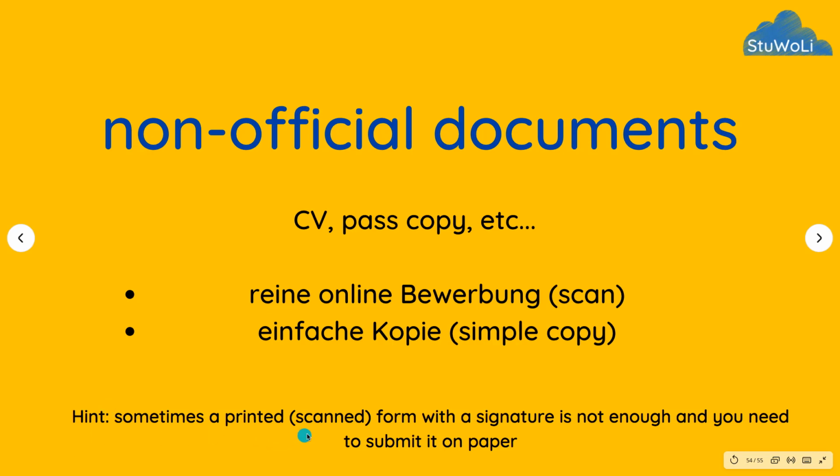Sometimes a printed document, that means a scanned document, or application form, needs a signature. You need to understand that just sending a document which has a signature down there, but is uploaded into the system or printed with a color print or whatsoever, is not enough. Sometimes UniAssist and admission offices really want to see that the signature is done with a pen, really with a pen.